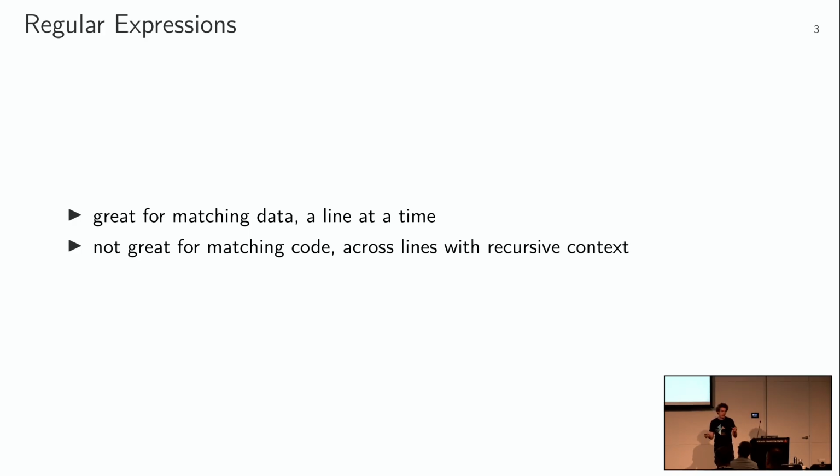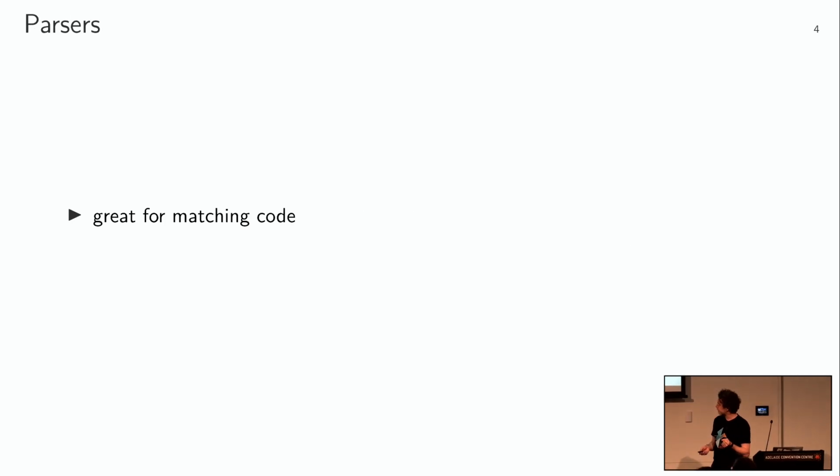They're terrible for matching multiple lines. They're terrible for matching differing context and recursive context. Parsers, on the other hand, are great for matching code because that's what they were designed to do. So if we're trying to match code in an editor, we should use a parser.